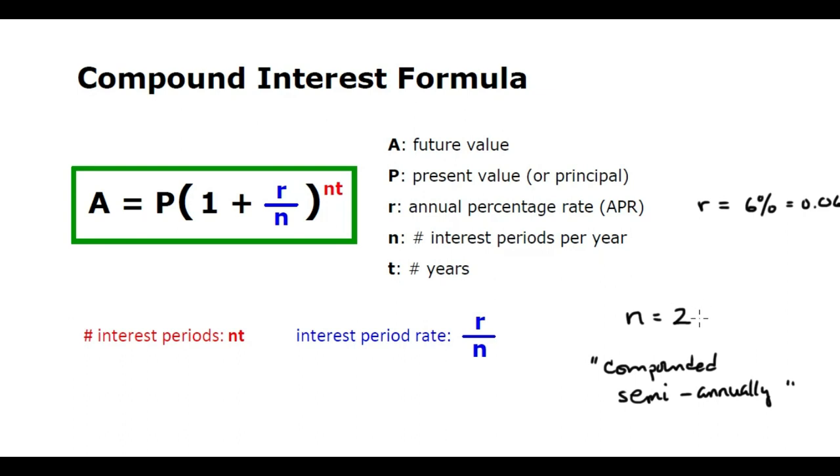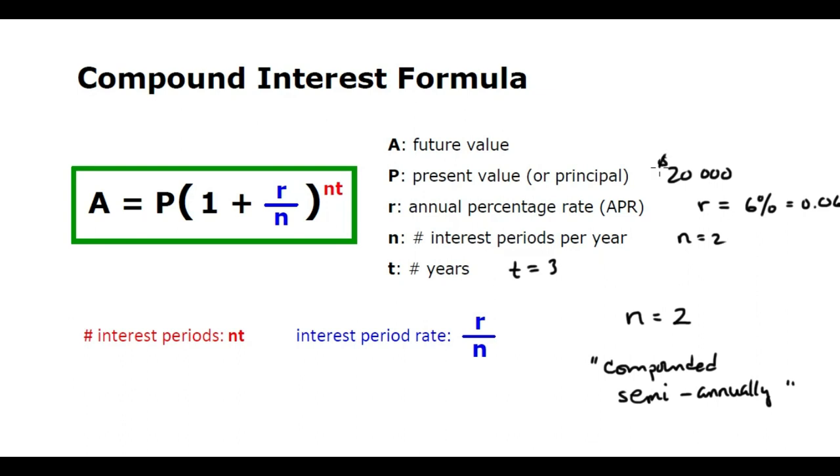We discussed the n equals 2 thing, so the number of interest periods per year, or number of balance changes per year, if it's semi-annually, n is 2. T is pretty straightforward, that's always years. Notice years will correspond to your annual percentage rate. We would say t equals 3 years. And of course, we're investing our 20 grand again.